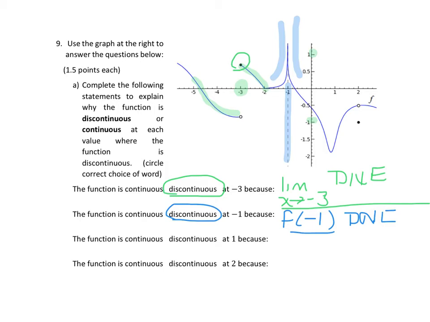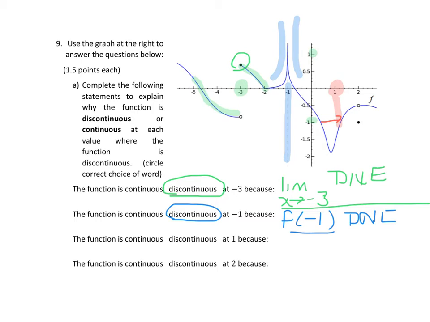And so if we look at what's happening with the function at 1, we see that f of 1 is defined. No, I'm sorry, it appears to be negative 1. And so that's true.